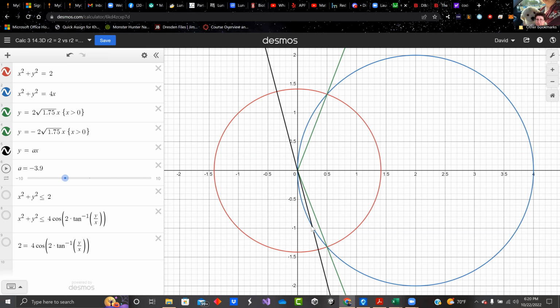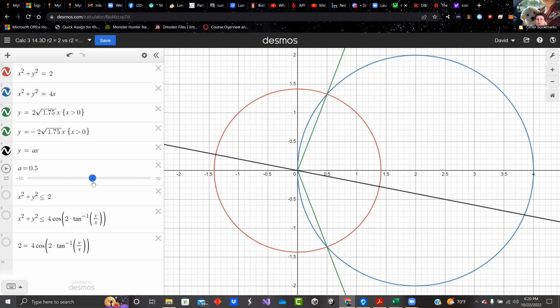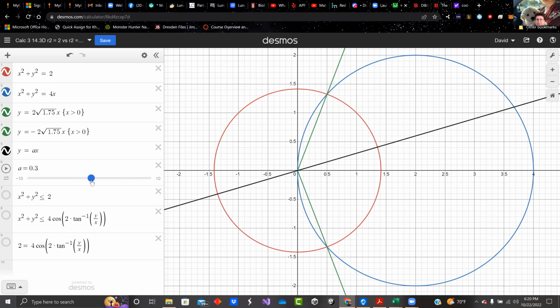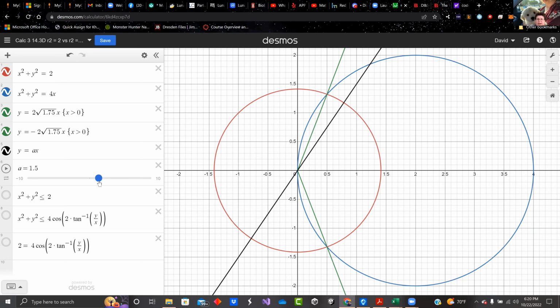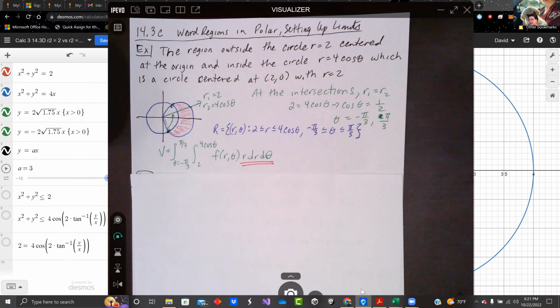The blue circle is 4 cosine theta. And then I get to a region where I'm going from 0 to 2. And when I get high enough, I'm now going from 0 to 4 cosine theta again. So this is going to be 3 different integrals to get this middle range in polar.